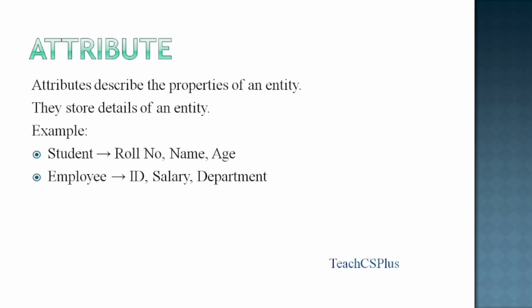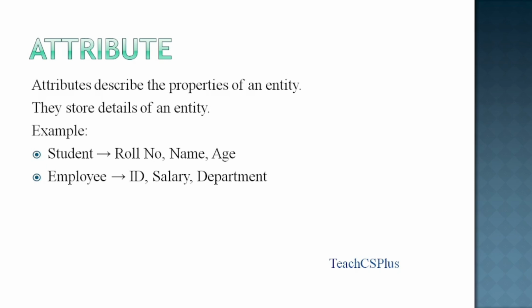So what is an attribute? Attribute describes the property of an entity. That means, with the before example, each employee will have different name, different department, different amount of salary, different date of joining, and these will be their attributes. Each entity will have attributes. They store details of an entity.